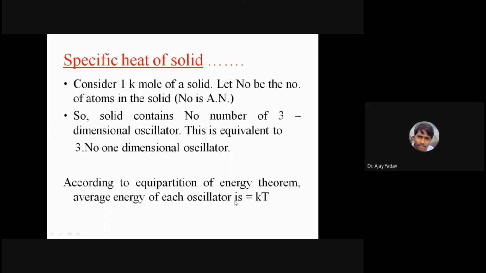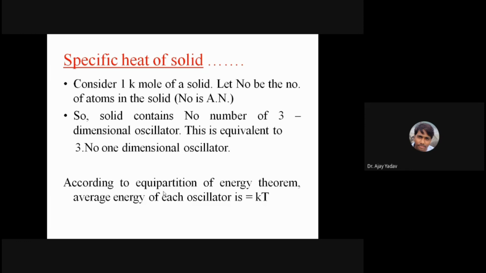Dulong and Petit assumed that the law of equipartition of energy can be applied to the oscillators in the atomic structure inside the solid, and the formula comes out to be kT. So the average energy of each one-dimensional oscillator inside the solid is kT.